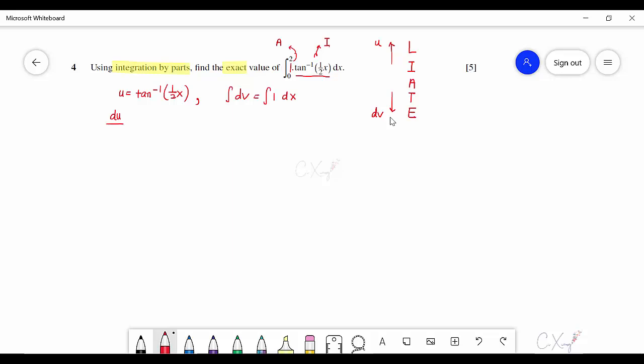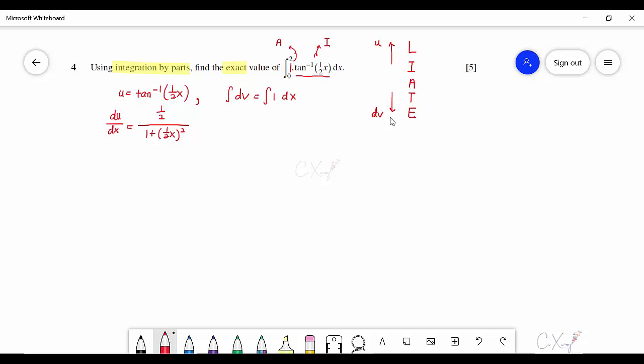So I'm going to find out the du dx. To find the du dx, you differentiate the tangent inverse. You are going to have 1 plus the angle squared, and then multiply with the differentiation of the angle, which is half here.